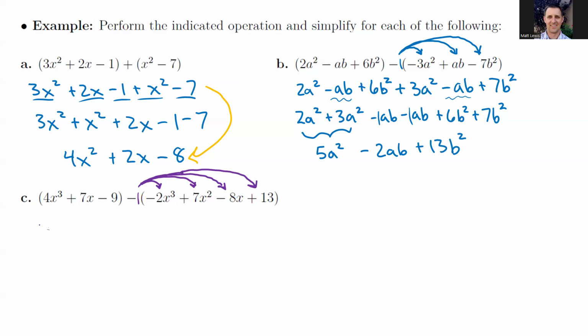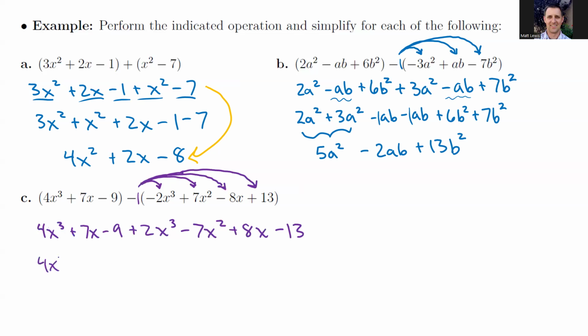So we end up with 4x cubed plus 7x minus 9, and then plus 2x cubed minus 7x squared plus 8x minus 13. So making sure that negative changes the sign on all of those terms.